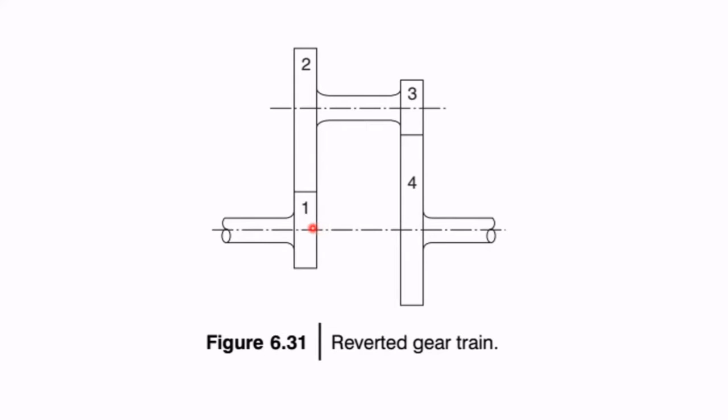If you arrange the gear train like this, it is called a reverted gear train. The drive goes from the driver to gear 2, gear 2 to gear 3, and gear 3 to gear 4.